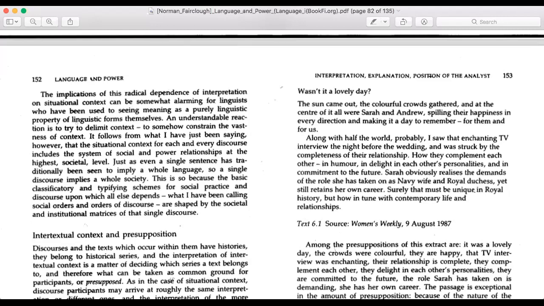Read? Okay, raise your hands when you've read.